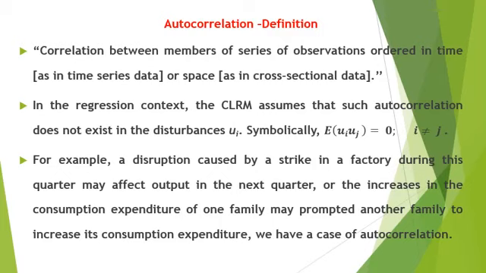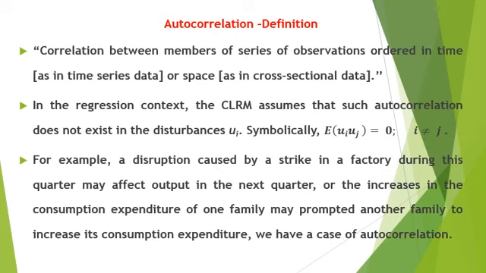That is, the correlation between ui and uj is equal to 0, where i is not equal to j. That is, the disturbance term relating to any observation is not influenced by the disturbance term relating to any other observation. When a violation of this rule is found, then we have a problem, and that problem is known as autocorrelation.